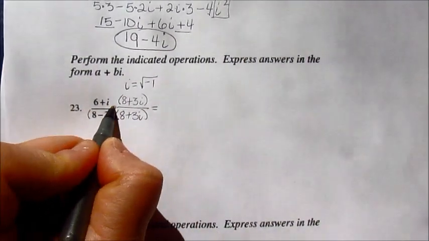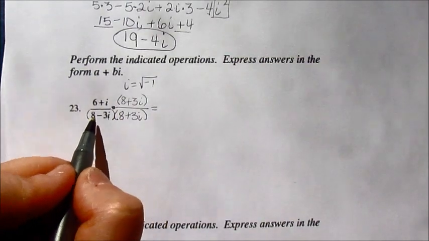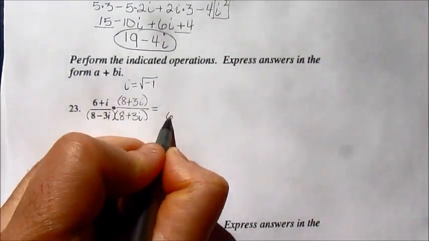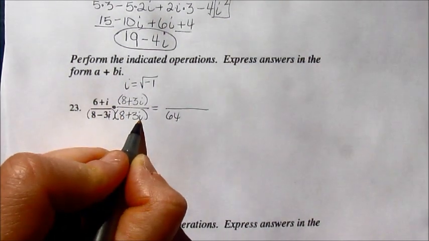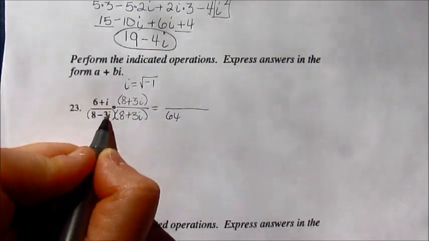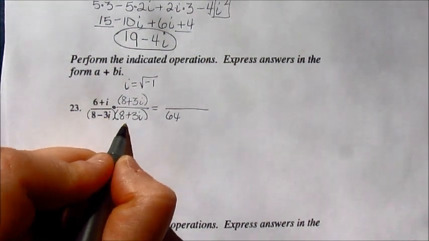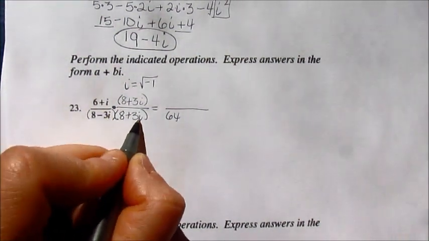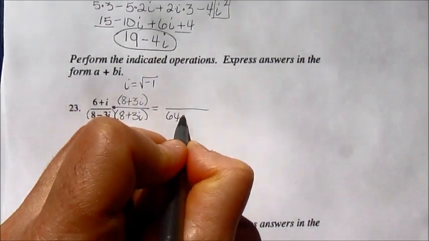In the denominator, 8, we're going to have 8 times 8 is 64. Then we're going to have positive 24i, negative 24i, which is going to cancel out. Then we have negative 3i times 3i is negative 9i squared.